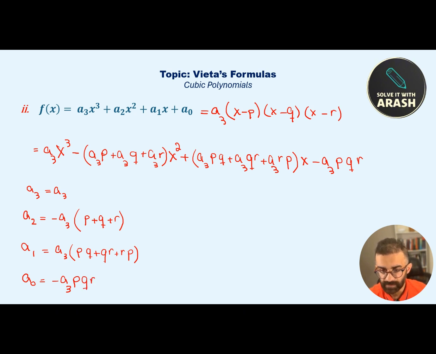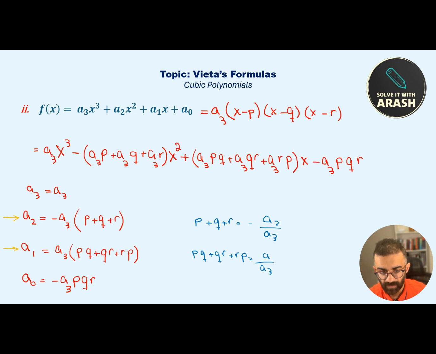Now the goal is to find the symmetric sums, which are p plus q plus r, pq plus qr plus rp, and pqr. From this equation, p plus q plus r equals negative a2 over a3. The next symmetric sum can be found from this equation, where pq plus qr plus rp equals a1 over a3.